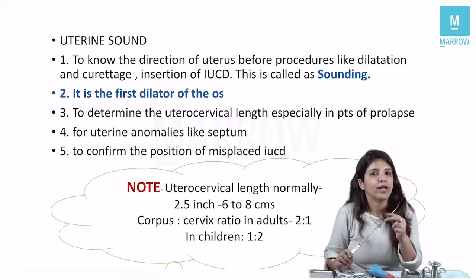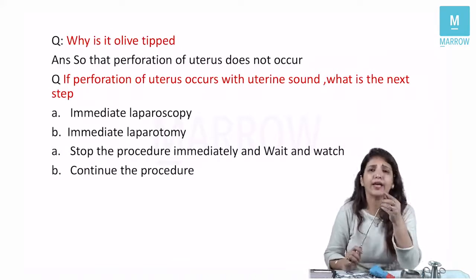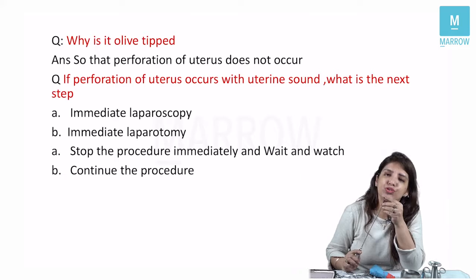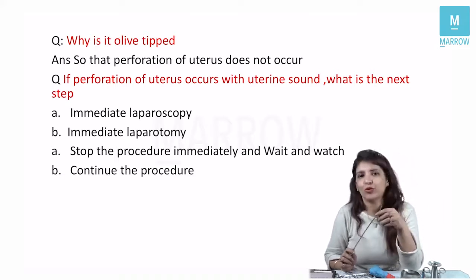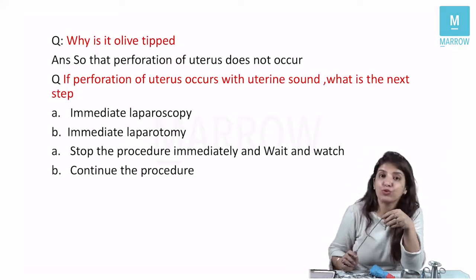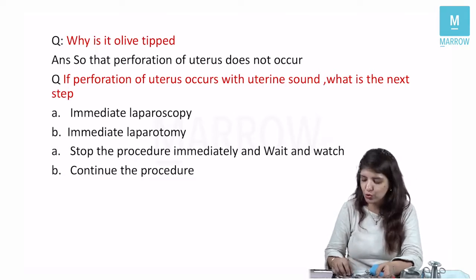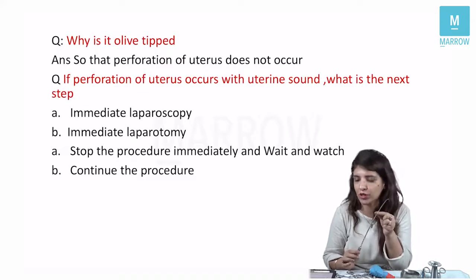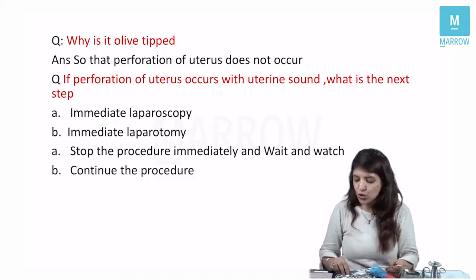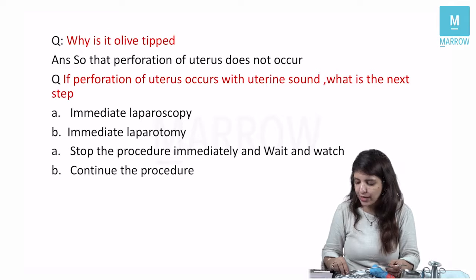Then when you are holding this uterine sound, the examiner might ask why it is olive tipped. As I told you, it is olive tipped to prevent perforation. But just in case perforation happens, what are you going to do next? This question can come for PG entrance students also. They can show you this instrument and ask, if perforation happens with this instrument, what is the next step? Option A, immediate laparoscopy. Option B, immediate laparotomy. Option C, stop the procedure immediately and wait and watch.